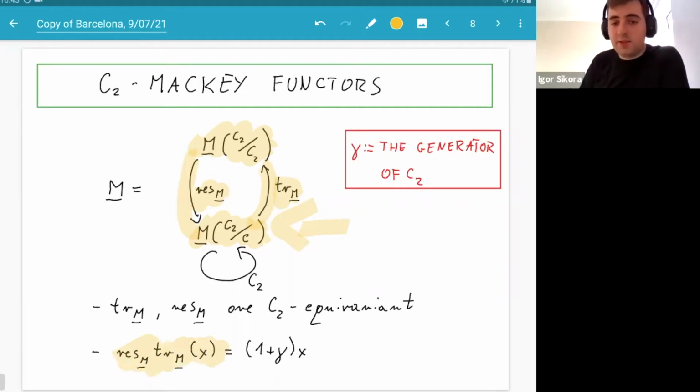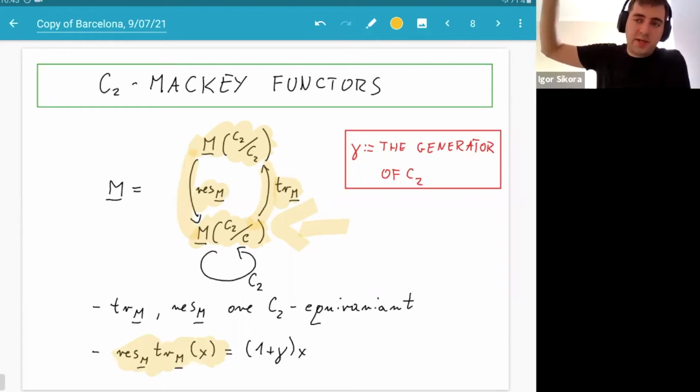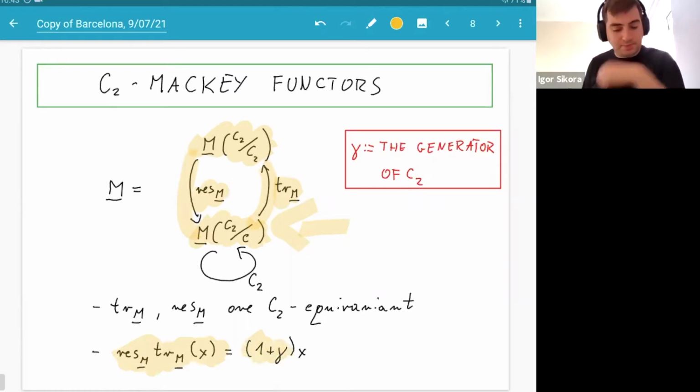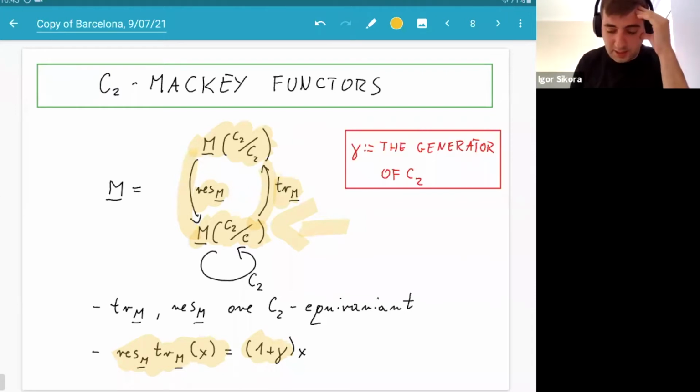which is the Mackey condition in this case, which means that if we go up by the transfer and then we go down by the restriction, then it is the same as multiplying by the element 1 plus gamma, where gamma is the generator of C2.